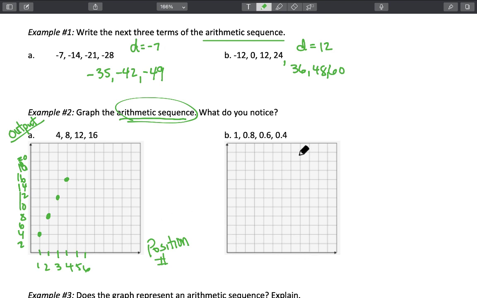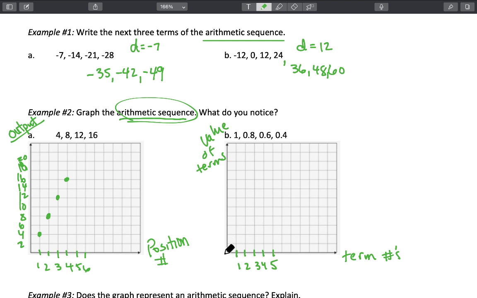Likewise, you would do the same thing over here on the right. Our first term, second term, third term, fourth, and fifth go along the x-axis. These are the term numbers or position numbers. And along the y-axis, you're going to have the value of those terms, or the outputs.